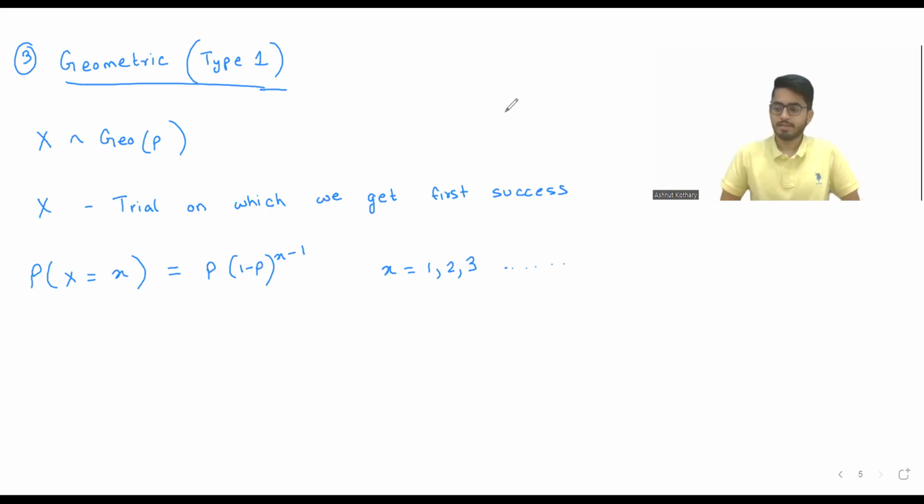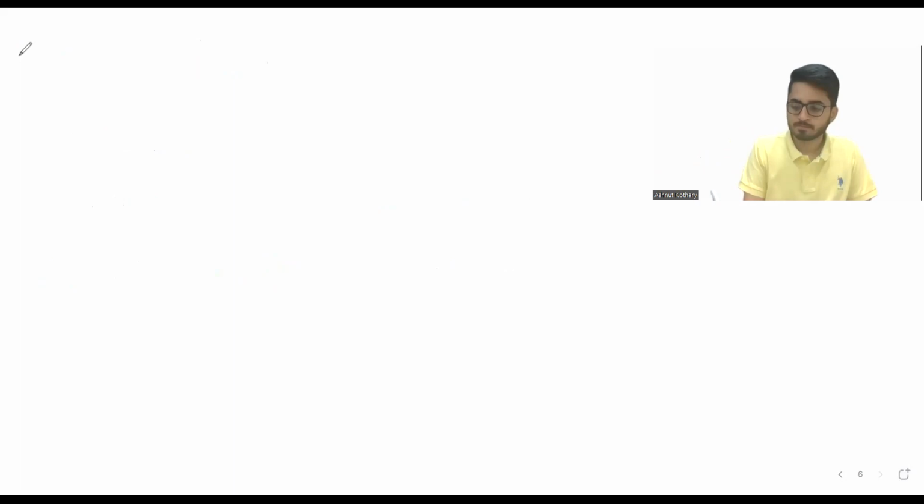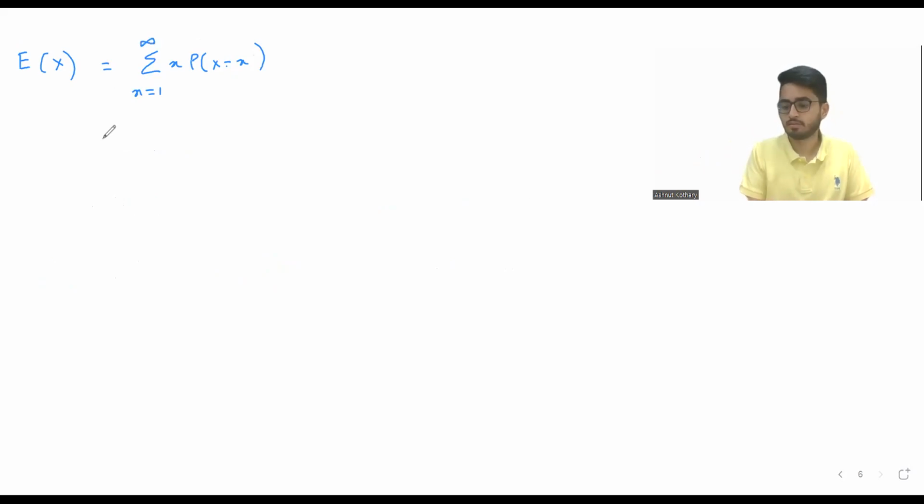Perfect then. Next, what we are going to look forward to is calculating its expectation and variance. So expectation of X will be summation x into probability X equal to x, and keep in mind here limits are from 1 to infinite.